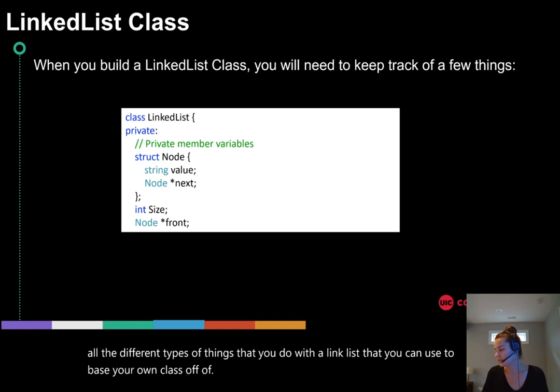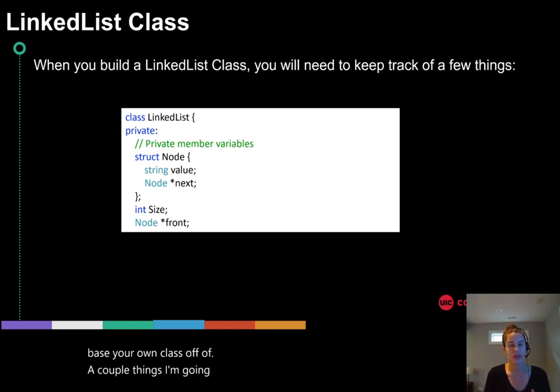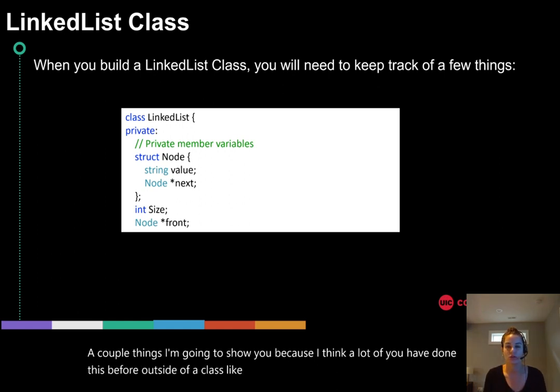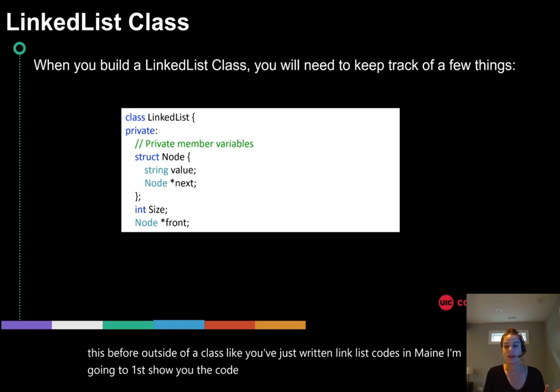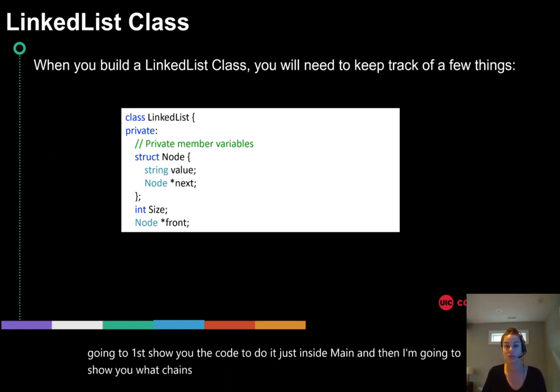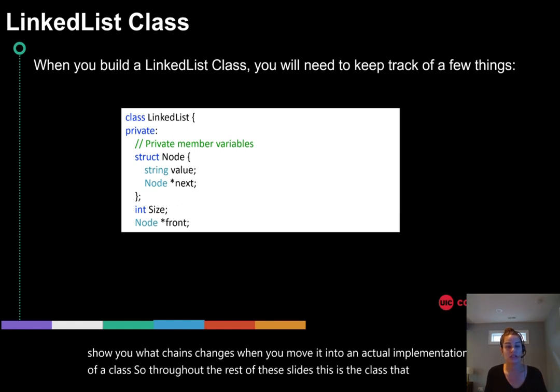A couple things I'm going to show you, because I think a lot of you have done this before outside of a class, like you've just written linked list code in main. I'm going to first show you the code to do it just inside main, and then I'm going to show you what changes when you move it into an actual implementation of a class. So throughout the rest of these slides, this is the class that we're going to be creating. It's a linked list class.